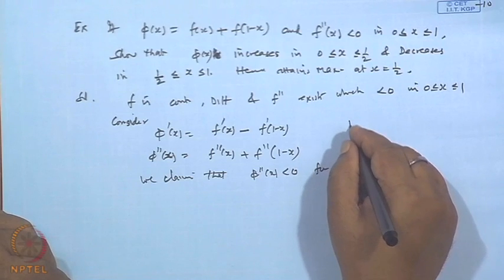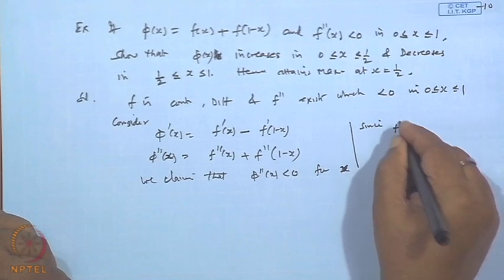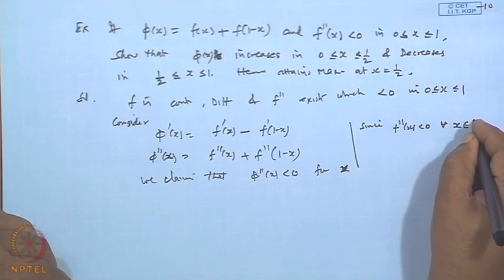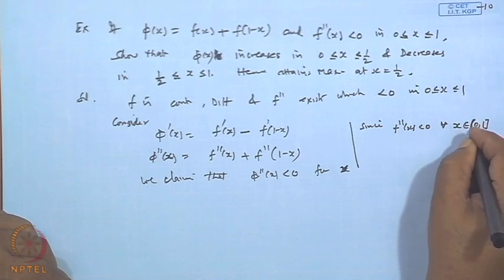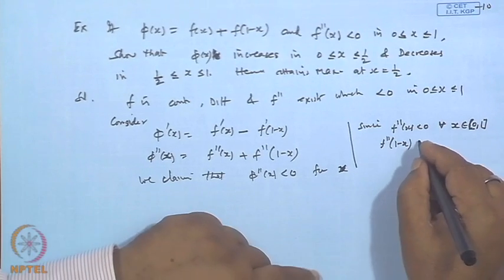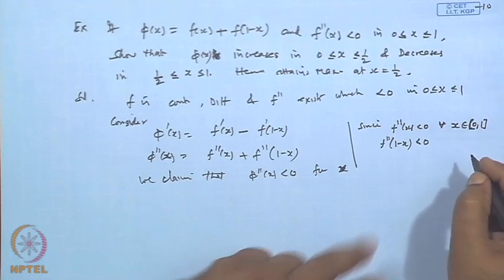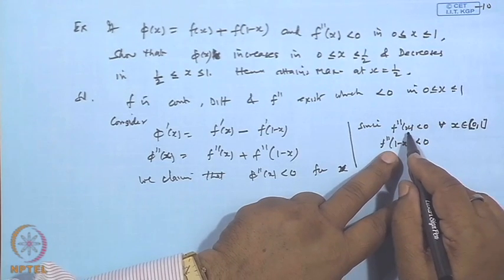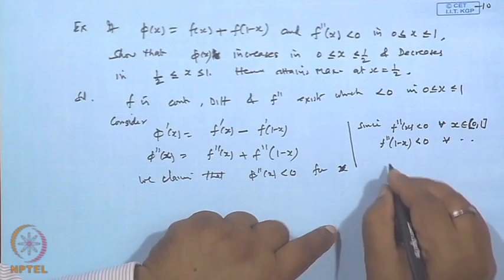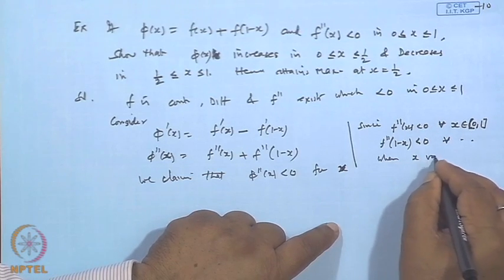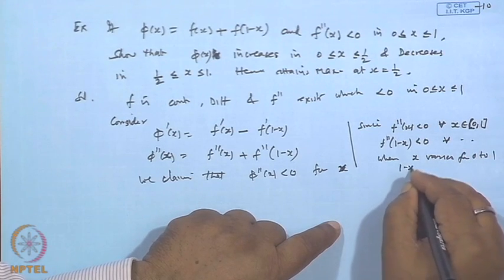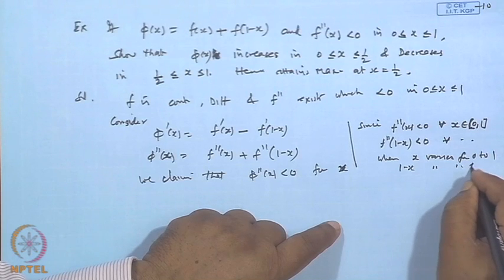So, since our f double dash x is negative for all x belonging to the closed interval 0 to 1, f double dash of 1 minus x will also be negative. Why? Because when x varies from 0 to 1, then 1 minus x will vary from 1 to 0.